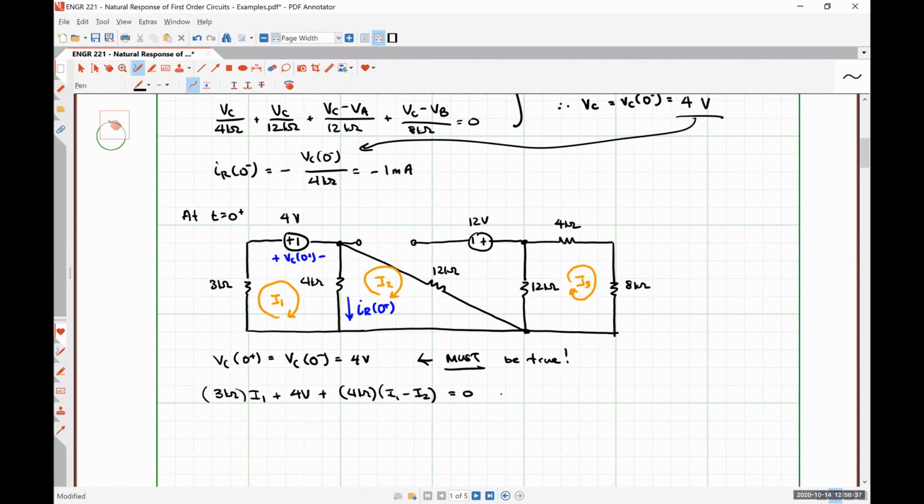Around mesh 2, we're going to have 4 kilo ohms times (I2 minus I1) plus 12 kilo ohms times I2 is equal to 0. And we can solve these and find I1 and I2.